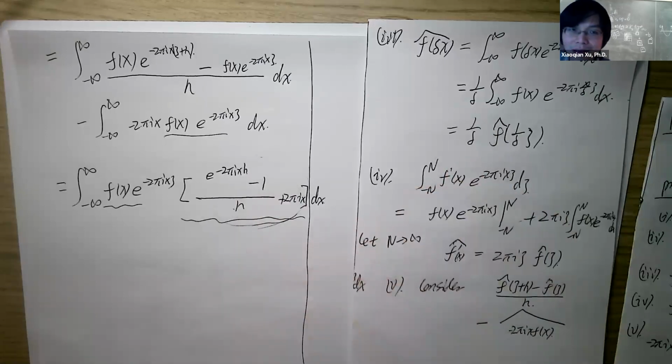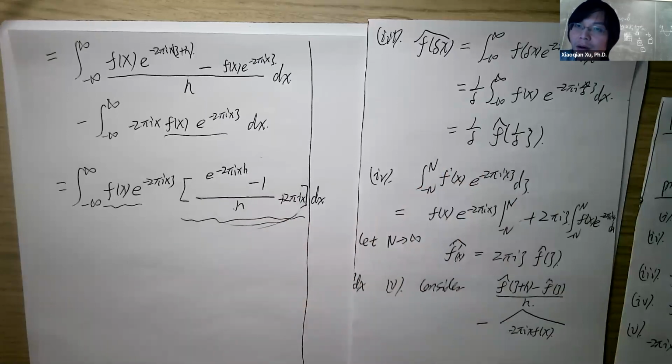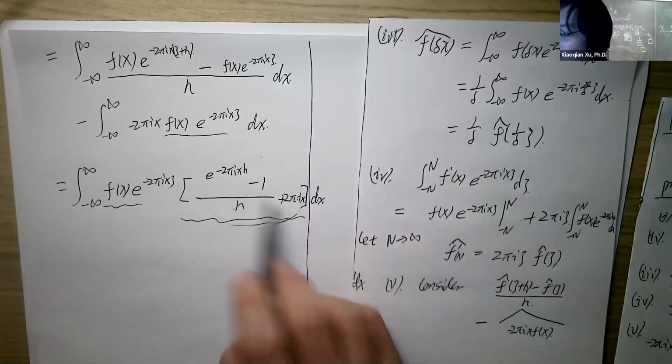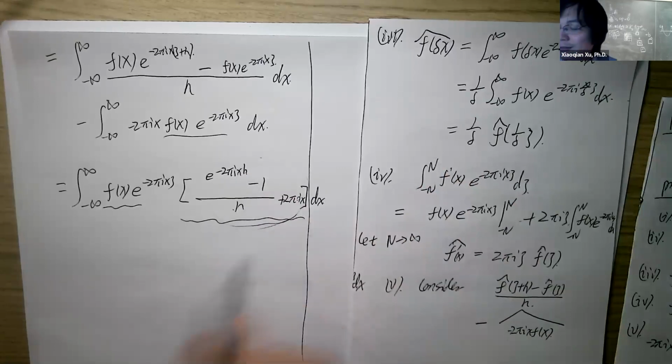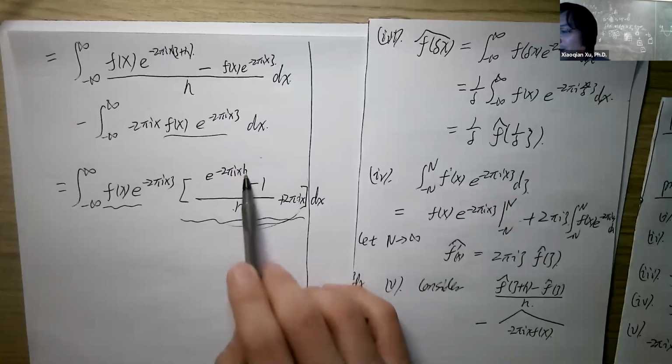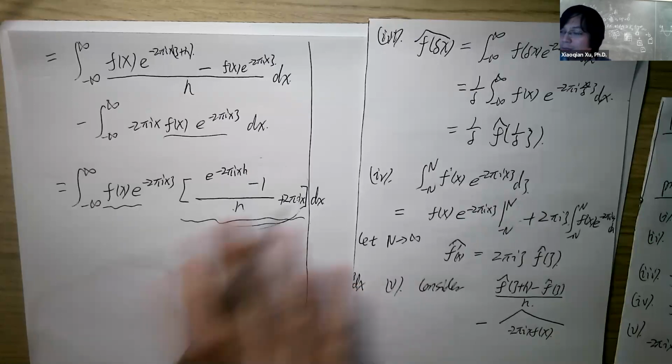At least you can take h to be something very small so that it becomes very close to the derivative formula and tends to 0. If x is not bounded above, if x could be anything, then we cannot say that, because we want h to be very, very small, but it has to be small comparable to 1 over x. But if x could be arbitrarily big, then this will not be very small.